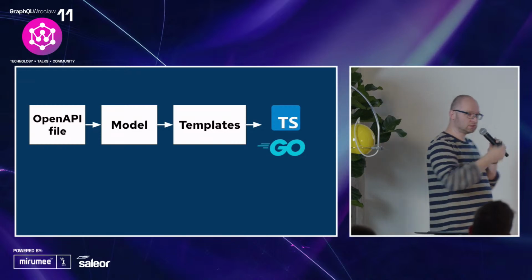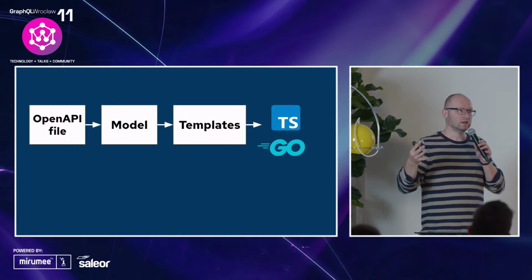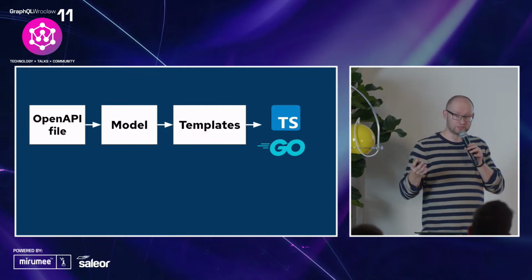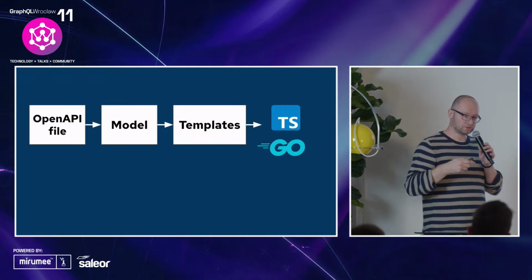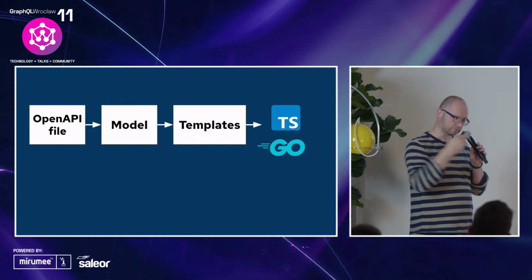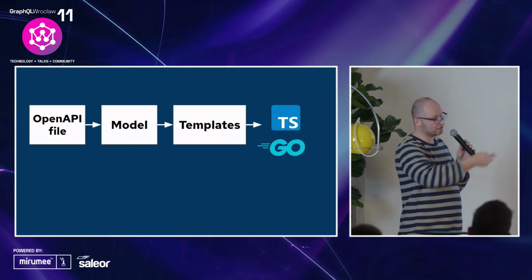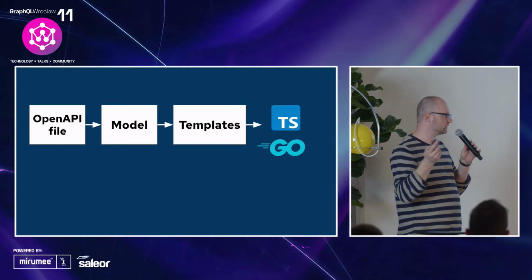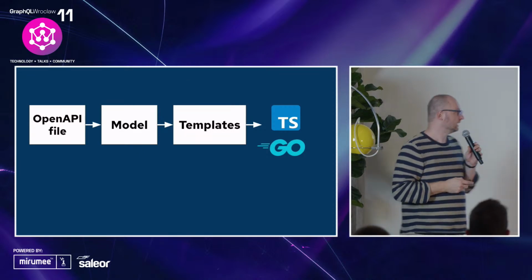You start with an OpenAPI file. Usually your team will either generate it from the backend or write it manually, and then this generator builds a model driven from the OpenAPI file. Then we have templates, and later on we get a large SDK in TypeScript, JavaScript, every language you want.